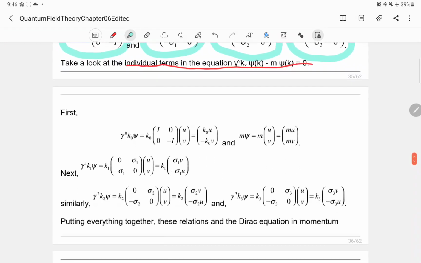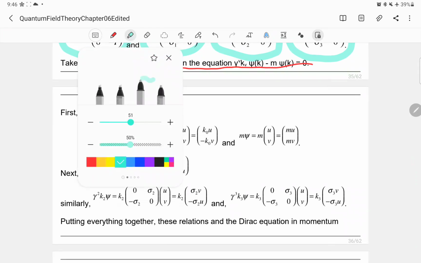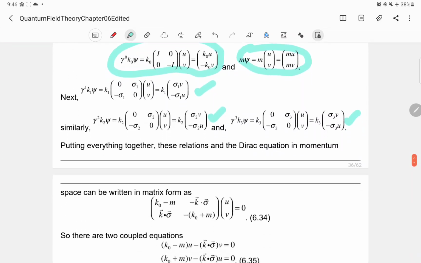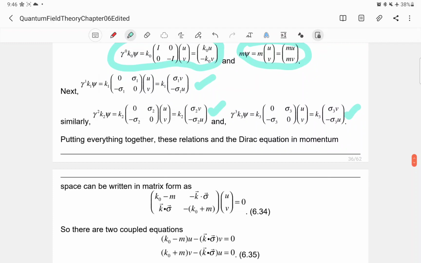First we have gamma 0 k0 psi, and of course your m psi would be the same for all. Next is this one, and this one for the 3rd gamma, and for the 4th gamma this one. If you put all of them together, that would just be this.